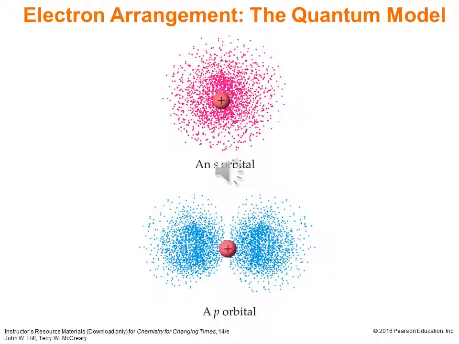So here we see that probability distribution with the s orbital on top having a roughly spherical arrangement of the probabilities and having some chance of finding that electron at the nucleus. If we look below, the p-type orbital has a node at the nucleus. There's a chance of finding the electron in a lobe shape on either side of the nucleus, but there's a node, a 0 probability of finding that type of electron right at the nucleus.